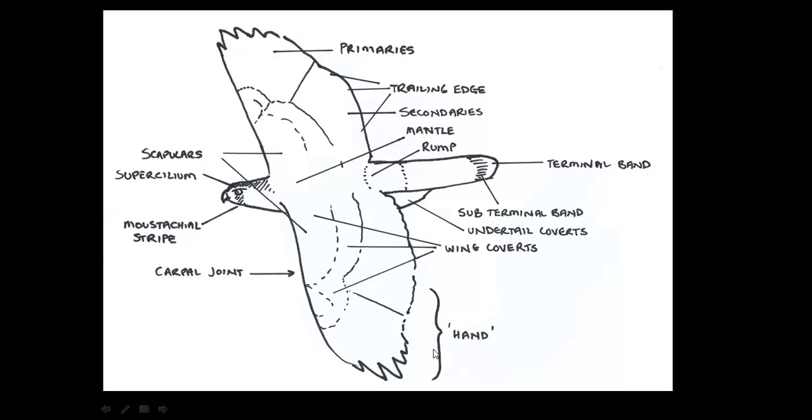I have put in this bit here. We call the bit which is on the outside of the carpal joint the hand. Okay, birds don't have hands as such, but it's what would have been the hand on the pentadactyl limb, and we still call it the hand when we're referring to raptor identification. So that's a little bit of the anatomy there.